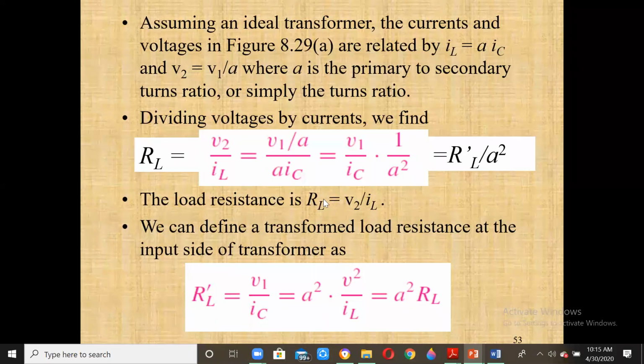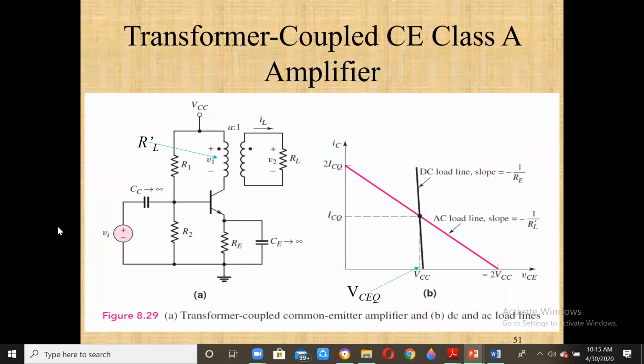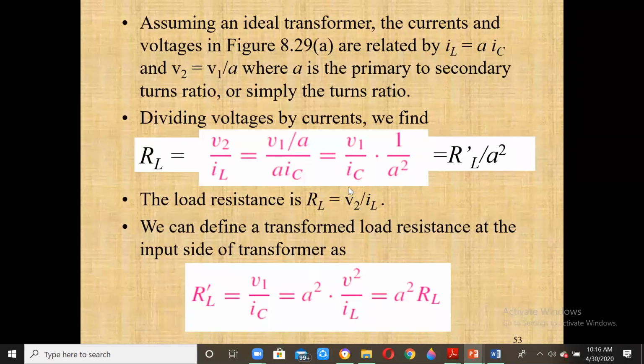The same thing is being mentioned here. The load resistance RL is V2 by IL. We can define a transformed load resistance at the input side of the transformer. RL dash is the load resistance at the input side of the transformer. That's why I put a marker here, to show that at the input side the transformed load resistance will be RL dash, which you can find from these equations, and it is A squared into RL.